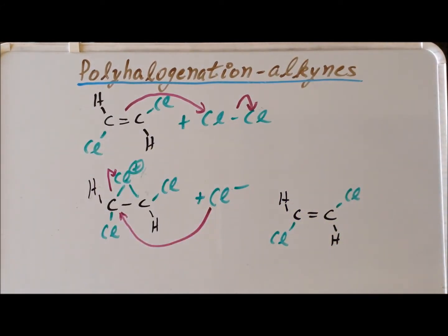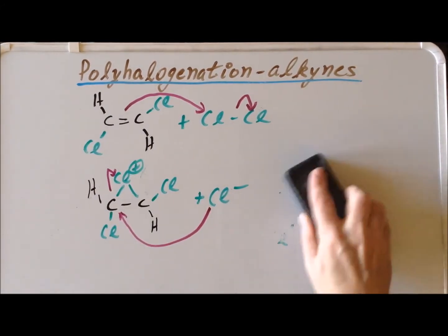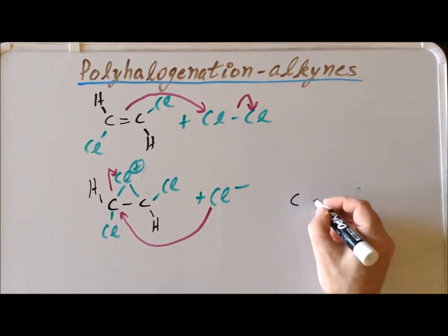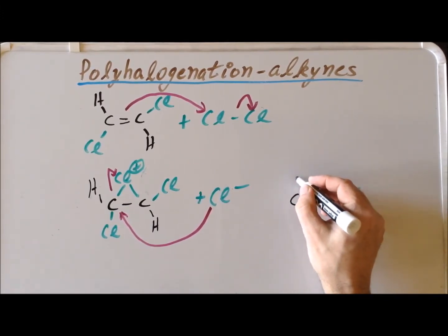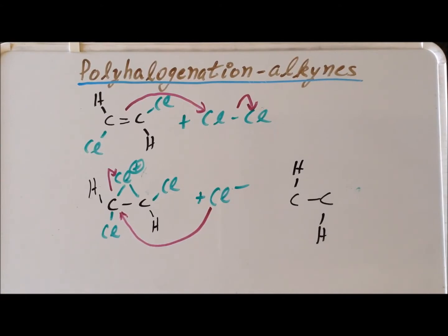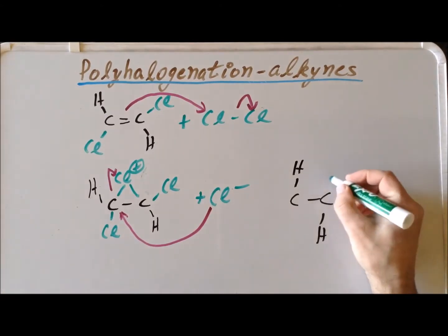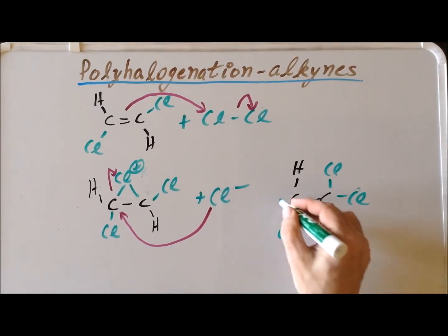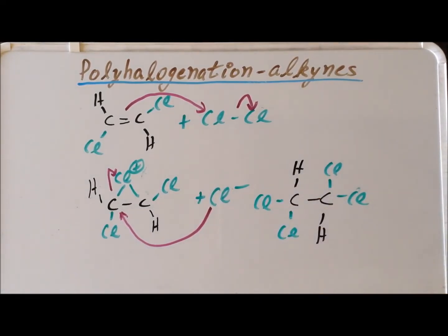So what we end up getting is two chlorine atoms on each of the carbons. So this is 1,1,2,2-tetrachloroethane.